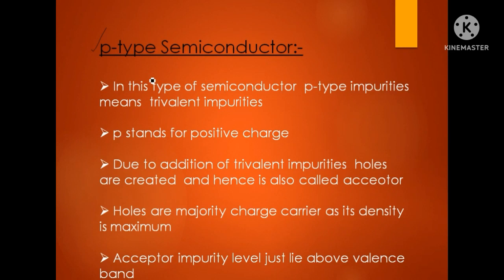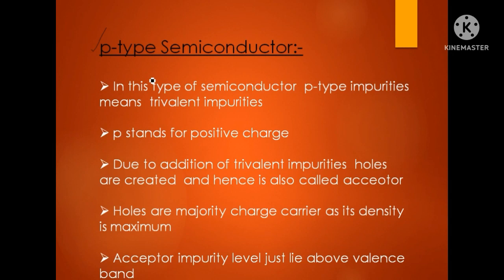Here holes are the majority charge carrier as their density is maximum. Here another impurity energy level is there just above the valence band, that is the acceptor impurity level. Why is it created? Due to generation of the hole. This hole attracts the electron.